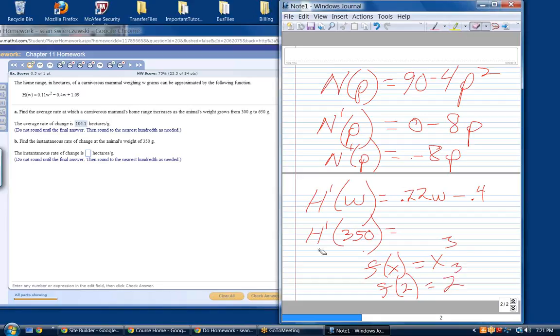So what is h prime of 350? 0.22 times 350 minus 0.4. There's no 350 on the 0.4. Notice that there's no w up here. In other words, we're only going to plug in what's inside the parentheses wherever there's a w.